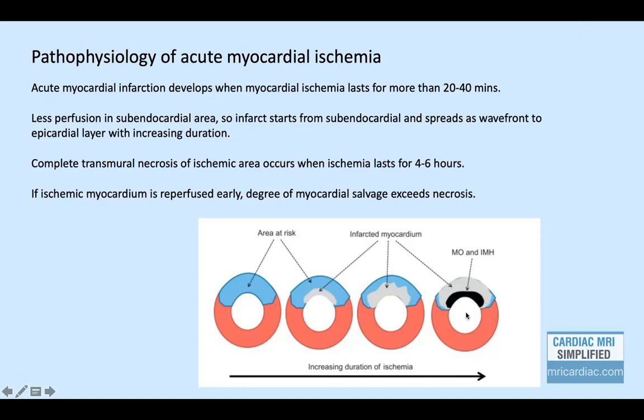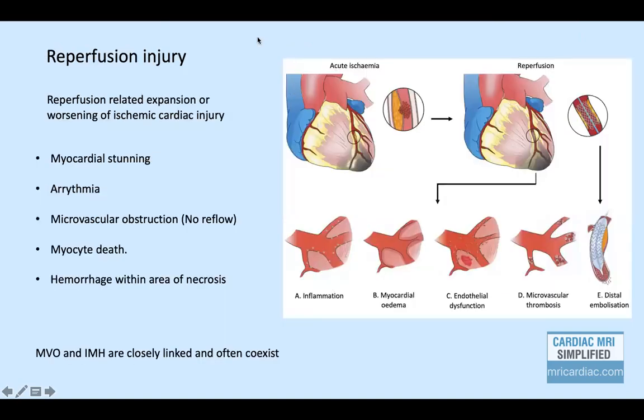However, there is one other component to it which is related to microvascular obstruction and intramyocardial hemorrhage. That basically occurs because of reperfusion injury. Reperfusion related expansion or worsening of ischemic cardiac injury results in MVO. Whenever there is acute myocardial infarction, there is some inflammation which leads to edema in the myocardium.